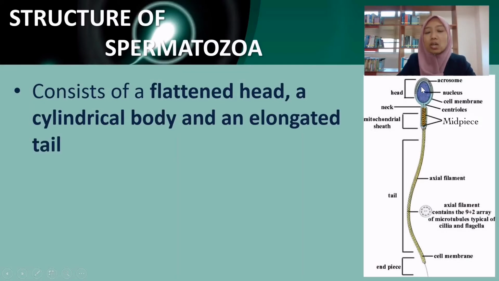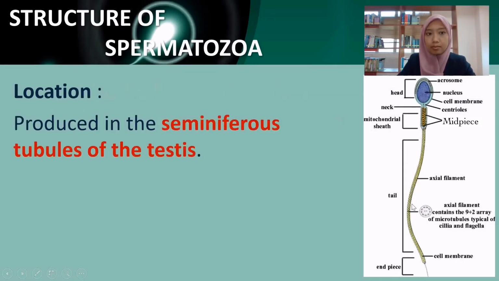Spermatozoa consists of a flattened head, a cylindrical body, and an elongated tail. It is produced in the seminiferous tubule, as we learned before, of the testis.